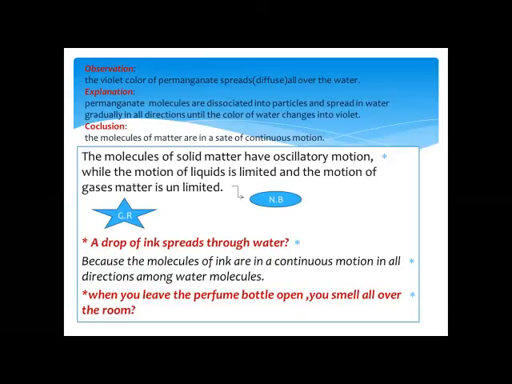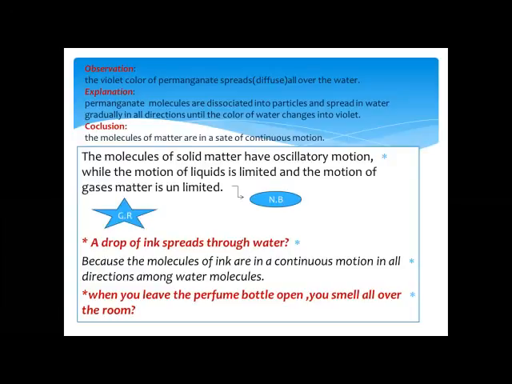The molecules of solid matter have oscillatory motion, while the motion of liquid is limited, and the motion of gaseous matter is unlimited. For example, the desk. The desk consists of molecules, and there is a distance.